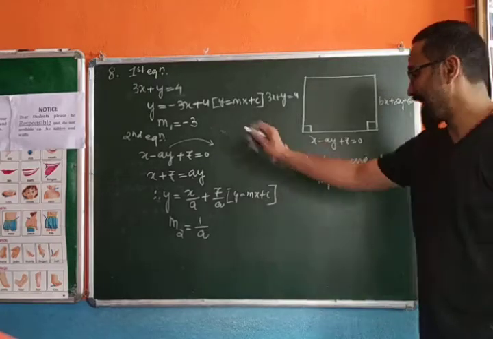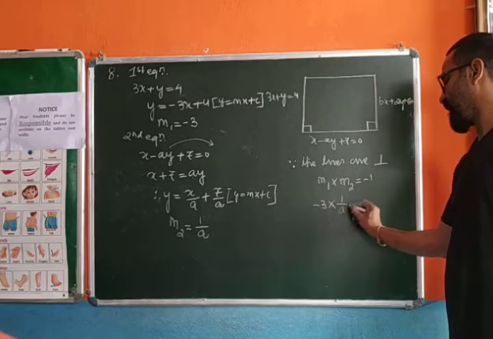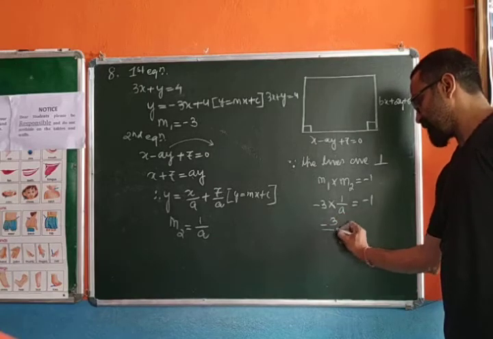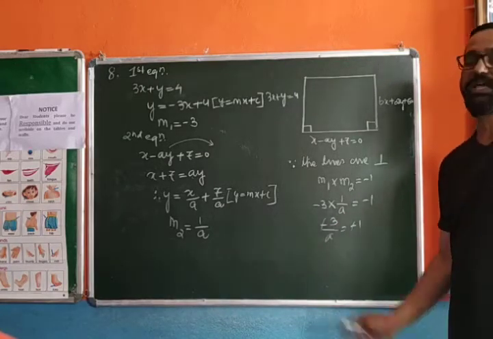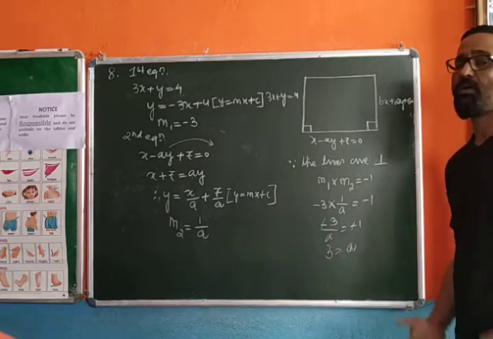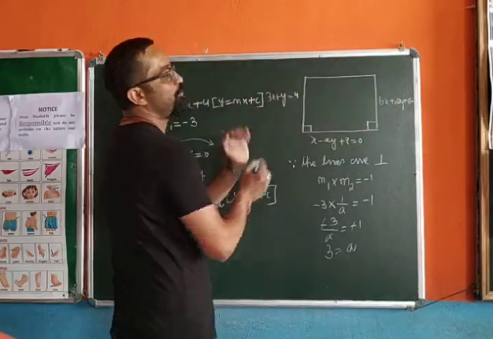Substitute m1 as minus 3 and m2 as 1 divided by a: minus 3 divided by a is equal to minus 1. Cancel the minus sign, cross multiply. 3 is equal to a. We know the value of a by looking at the diagram, they are perpendicular to each other.